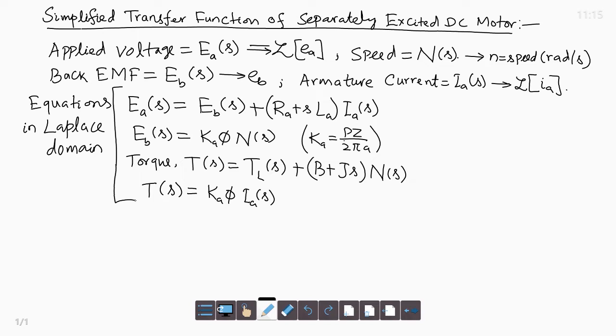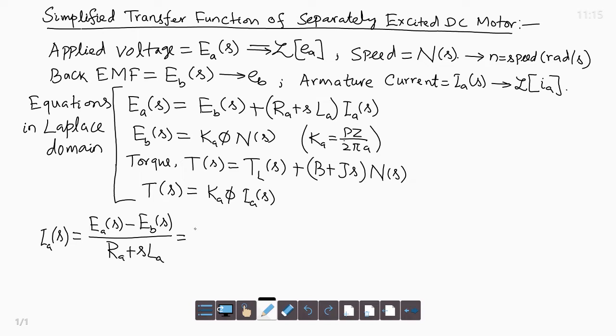From these equations you can write the current IA(s) as applied voltage EA(s) minus back EMF EB(s), divided by the impedance, that is RA plus s LA.